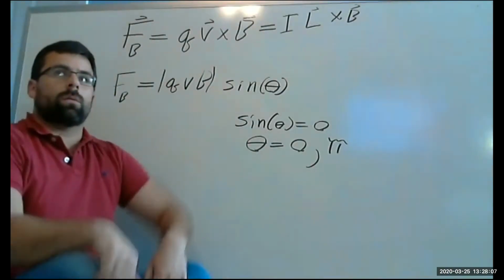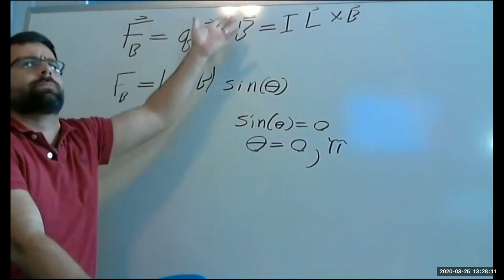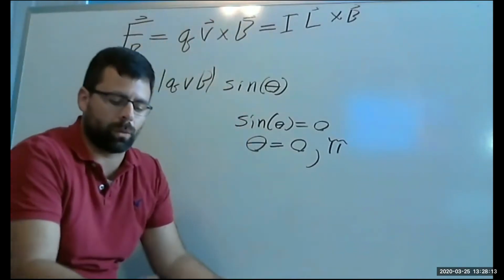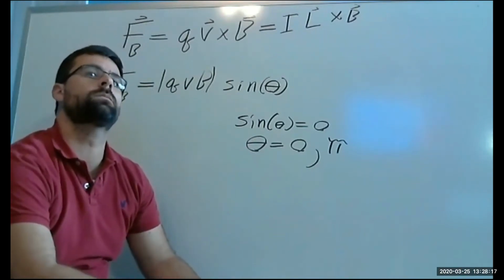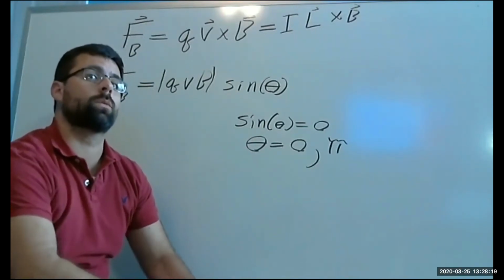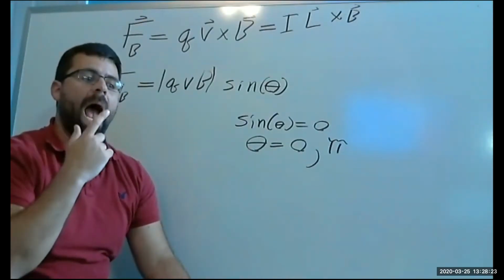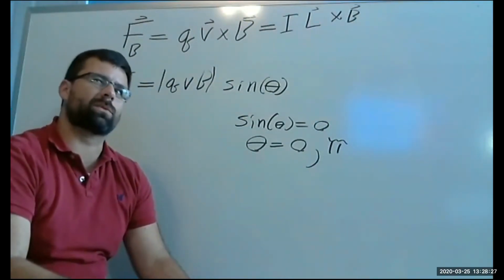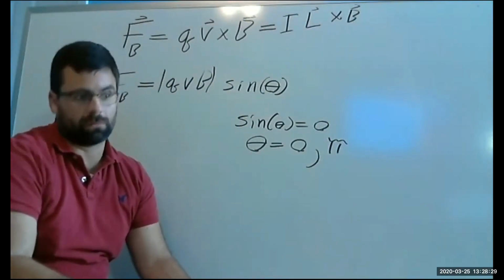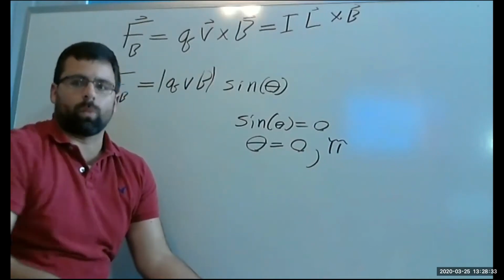But what does theta have to do with the equation? What does theta mean? It's an angle. What angle? Direction, I guess. Not quite direction. It is really an angle, like 0 and 180. But what is an angle?